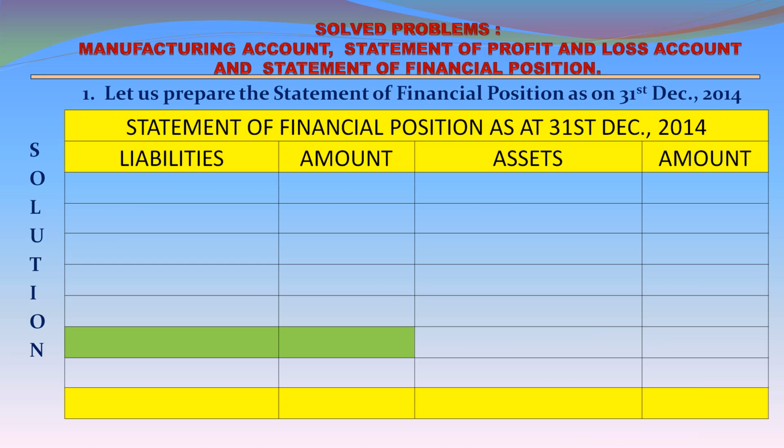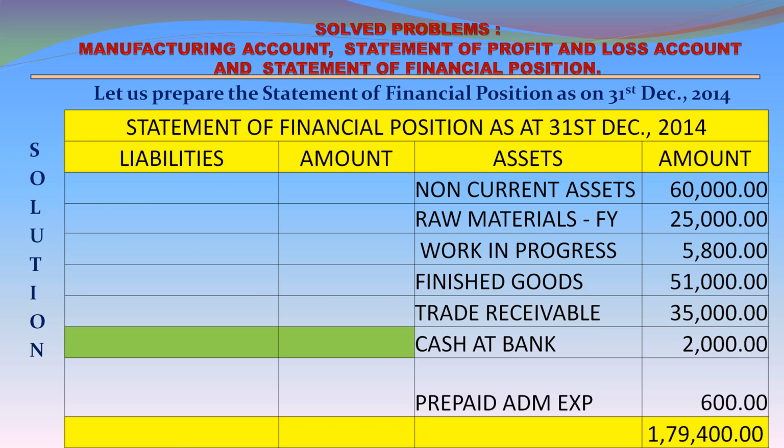Statement of financial position as at 31st December 2014. Liabilities amount, assets amount. On the asset side, non-current assets 60,000, raw materials factory 25,000, work in progress 5,800, finished goods 51,000, trade receivable 35,000, cash at bank 2,000, prepaid admin expenses 600, total assets 179,400.